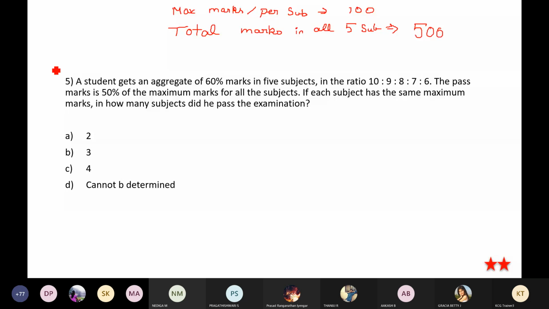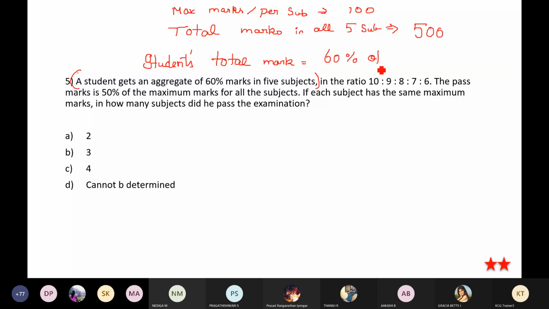Now, look at the first line. What does it say? The student gets an aggregate of 60% in 5 subjects, which means this student's total mark would be 60% of the total marks 500.